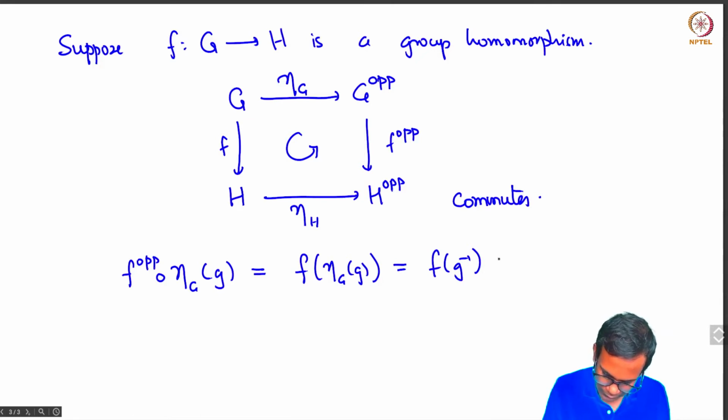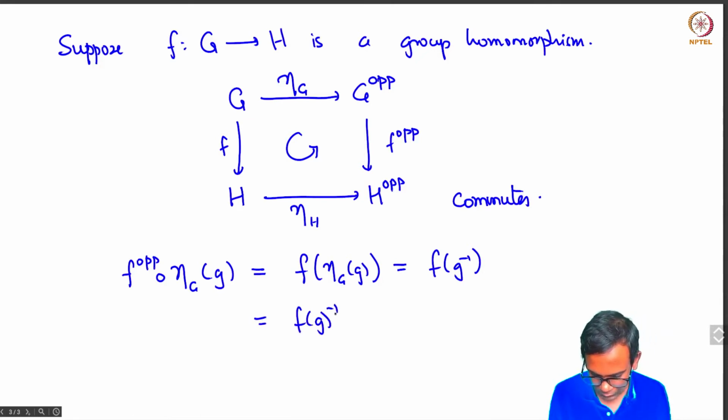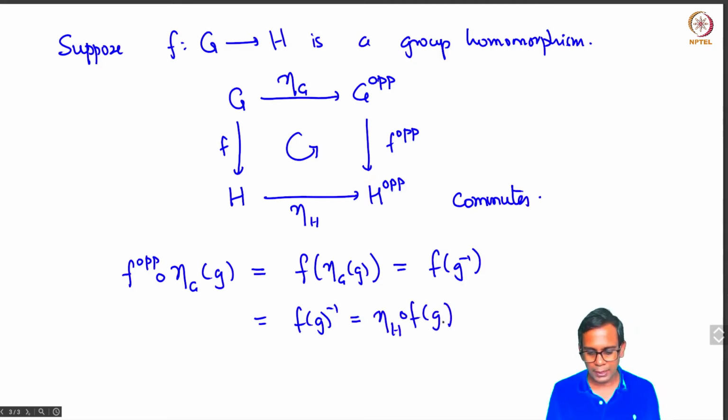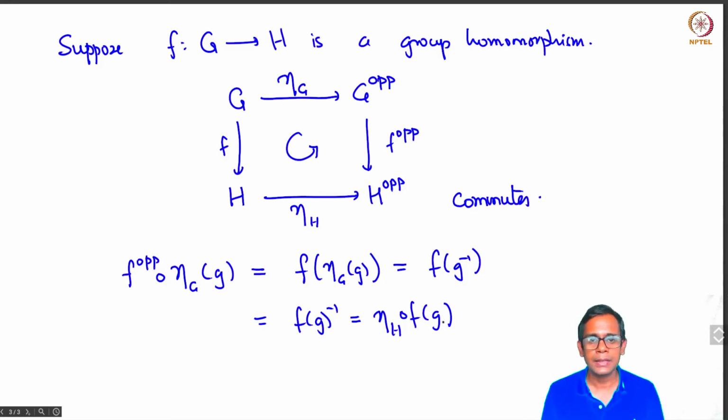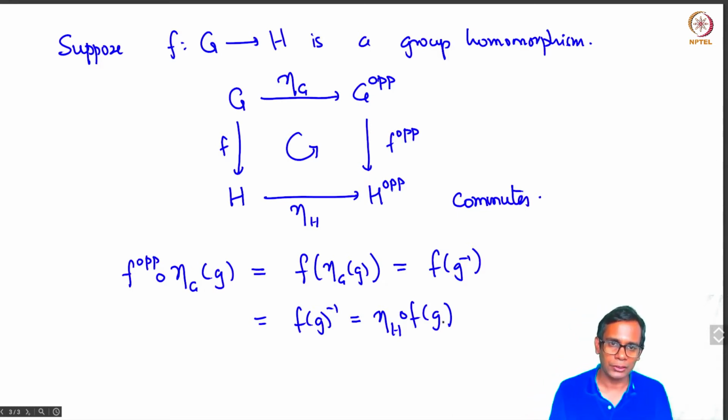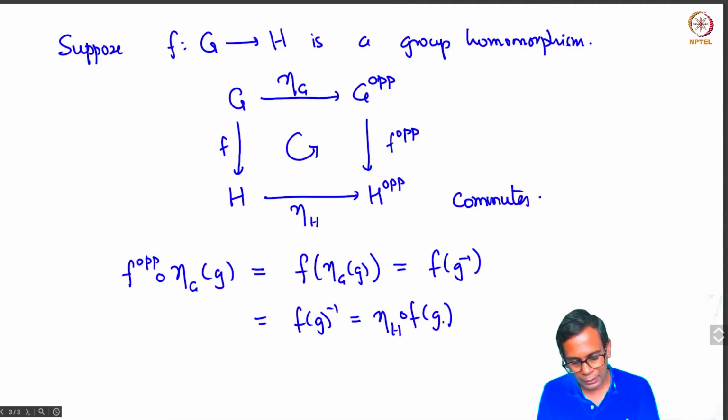But F of g inverse is F of g inverse because F is a group homomorphism, and so that's eta H of F of g. Therefore, this diagram commutes. The commutativity of this diagram for every arrow in the category of groups is basically the definition of naturality. So a natural transformation, I'll give you the formal definition in a minute, is a collection of arrows in the target category.